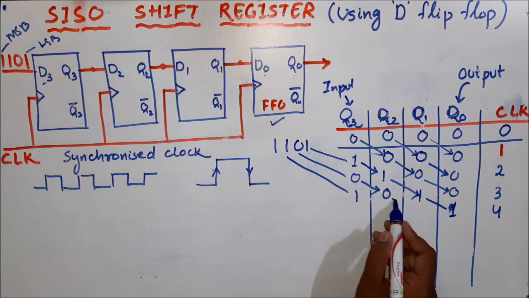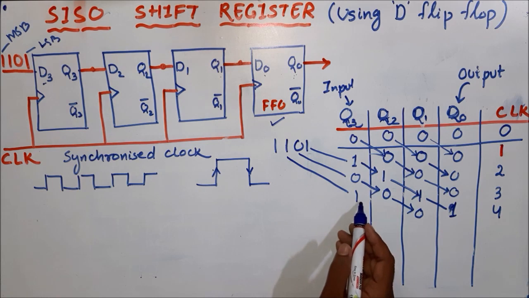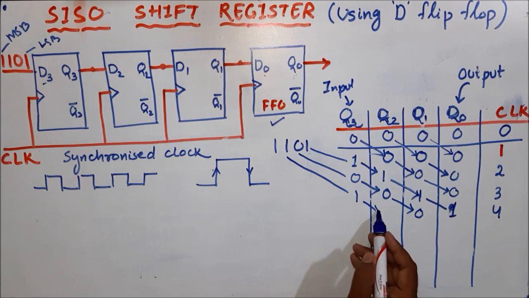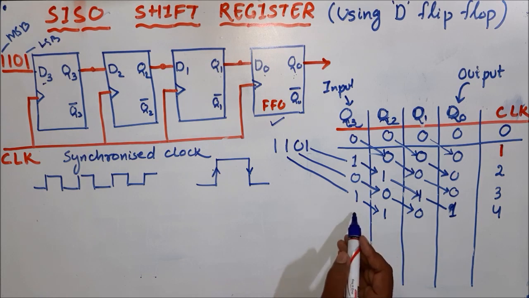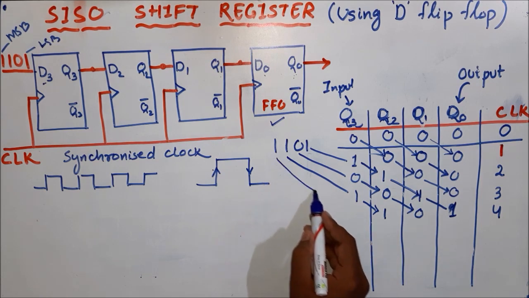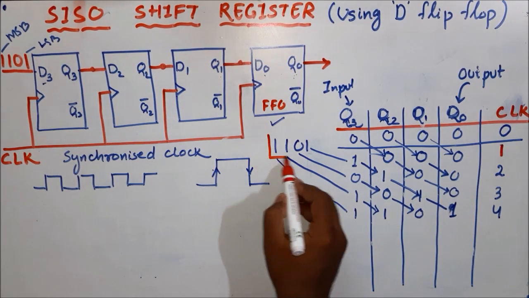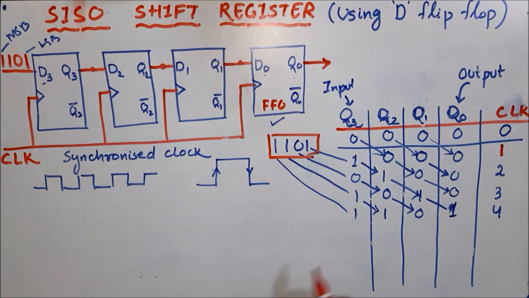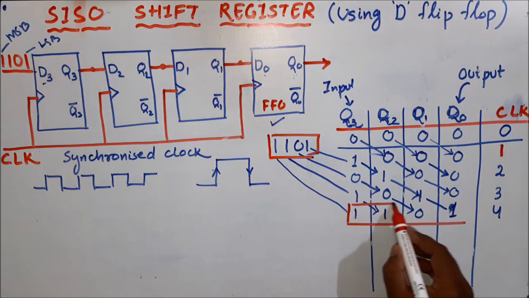Again Q2 is rotated to Q1, this becomes 0. And Q3 rotated to Q2, this becomes 1. And the last one Q3, this data is going out, so this becomes 1. So you can see here, my data is 1101. Yes or no? And I am also getting 1101 in the registers.